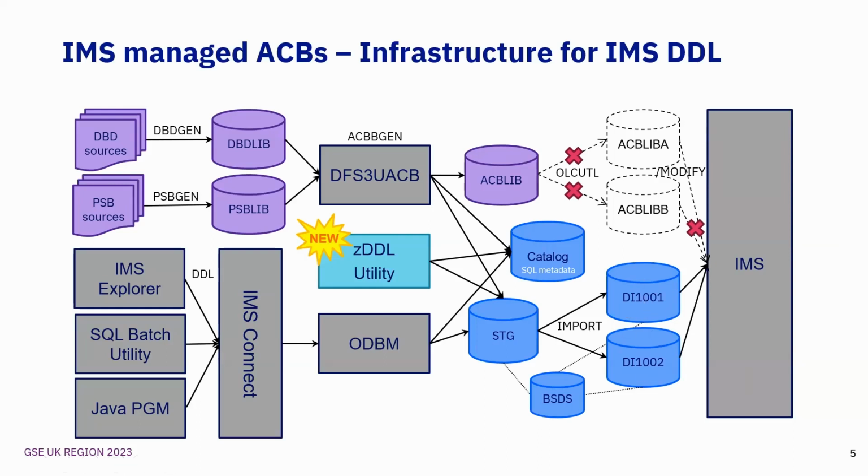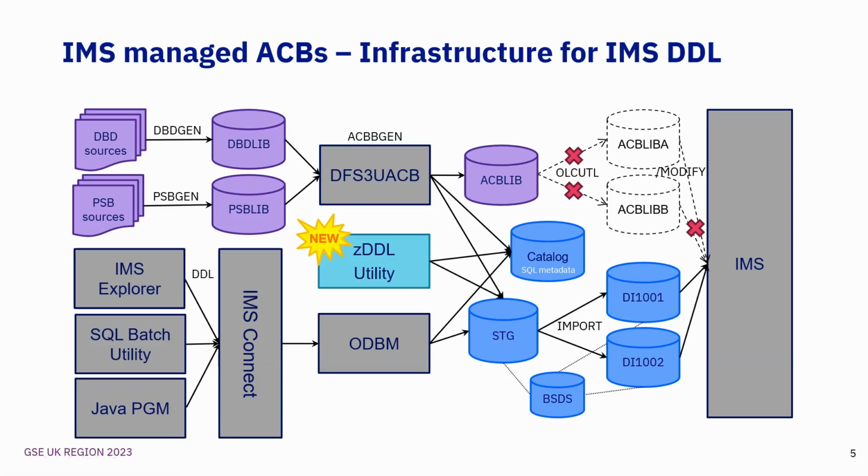IMS gives you 2 directory data sets to get started with, and the directory data sets is where we house ACBs, if you will. So what used to exist in ACB libraries will now reside in directory data sets, which are PDSEs. We also have a staging directory data set, very much like a staging ACB library.